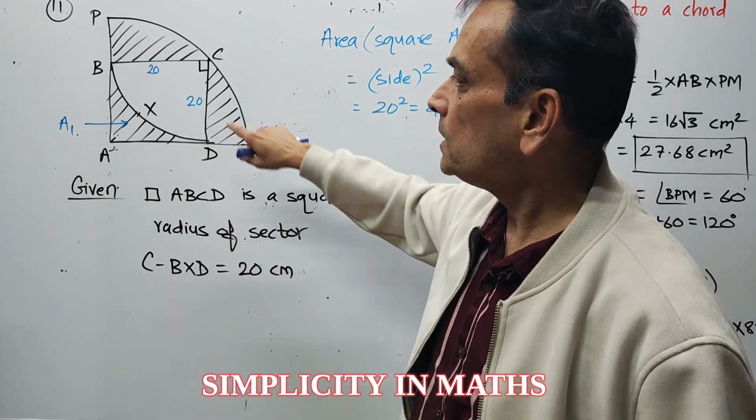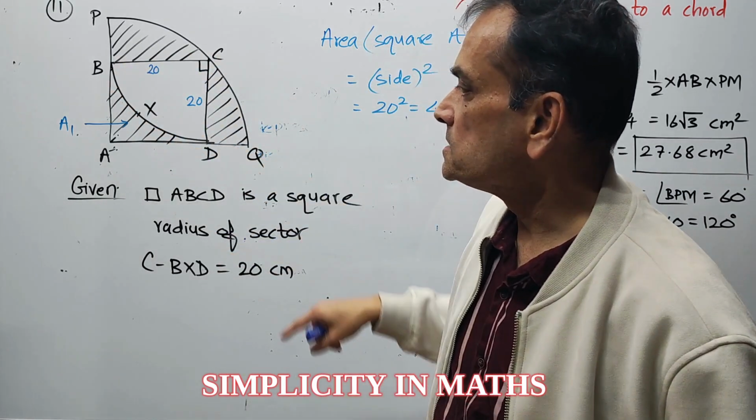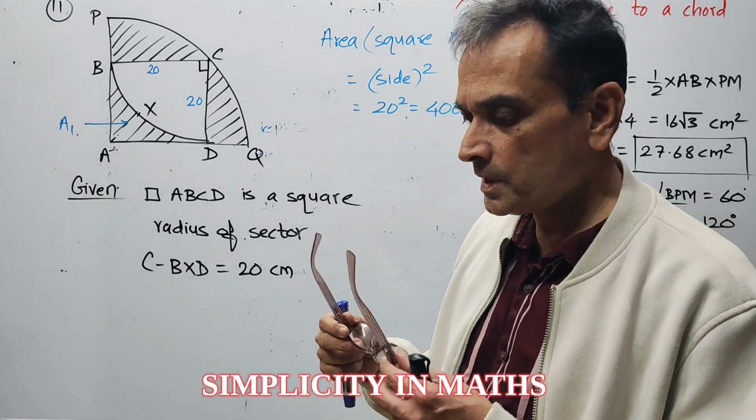Now let us find out area of sector C dash BXD.